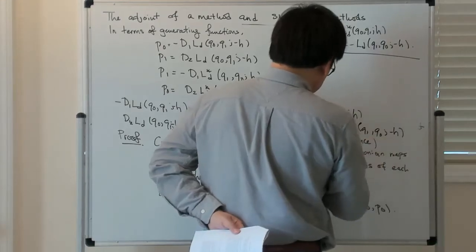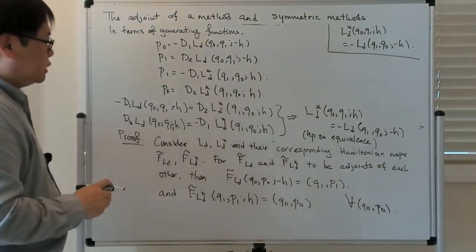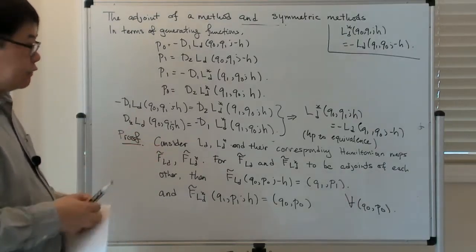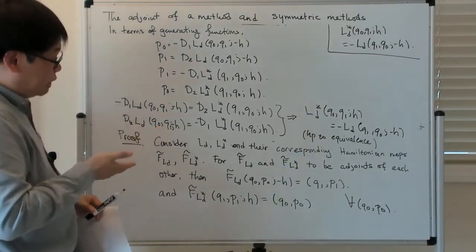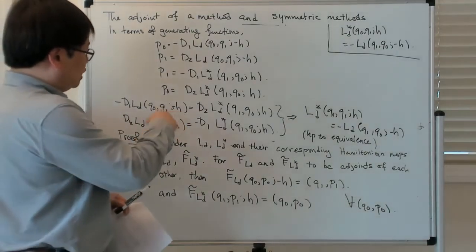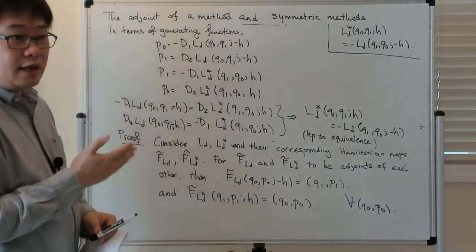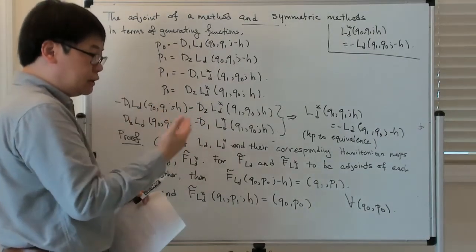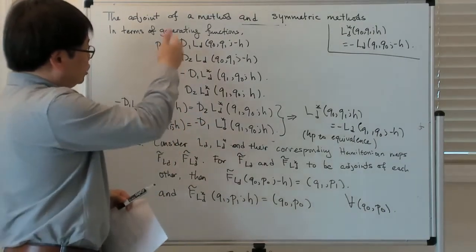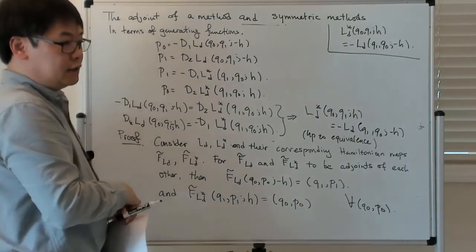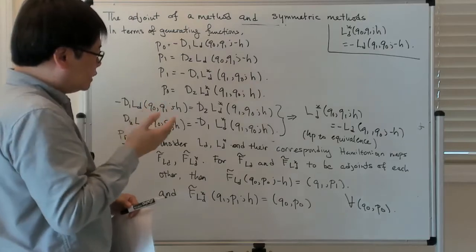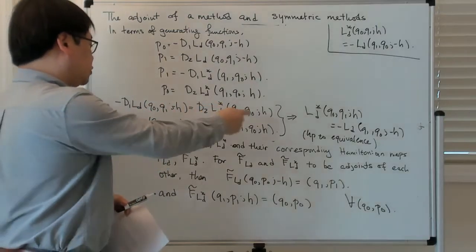Okay, so one way to think about this is that if you shifted this by a constant function, or actually a linear function in H, then the numerical method doesn't see that, because the definition of the map in terms of this LD viewed as a generating function only depends on the dependence of the discrete Lagrangian on Q0 and Q1.